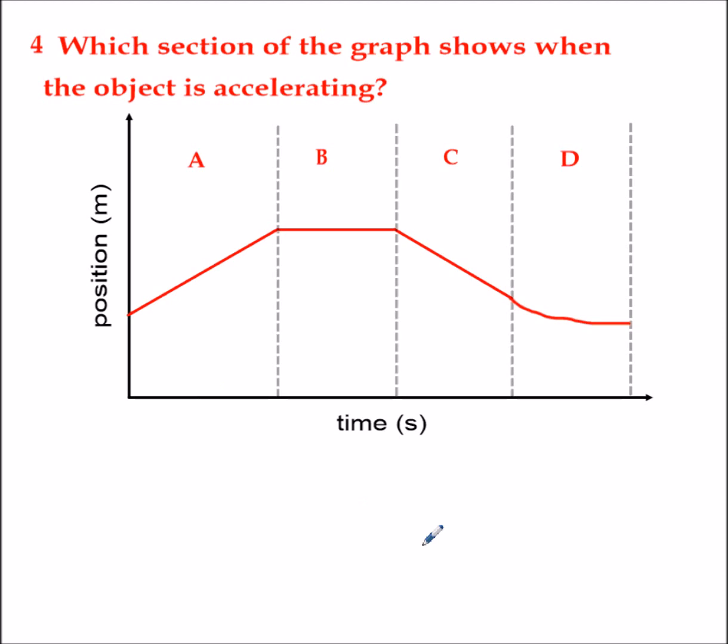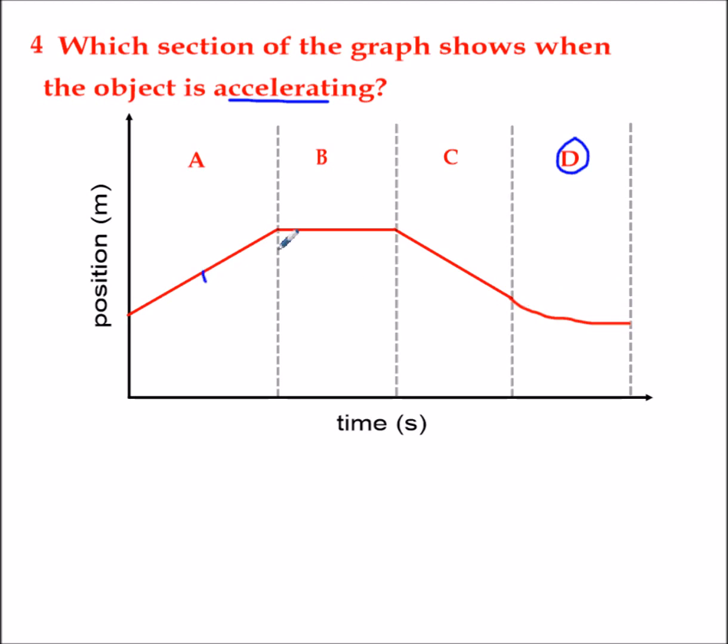In this question it says, which section of the graph shows when the object is accelerating? Hit pause on your video and hit play when you're ready to hear the answer. The correct answer here is letter D. The definition of acceleration is a change in velocity. On a position time graph, the way we see a change in velocity is to see a slope that is changing.